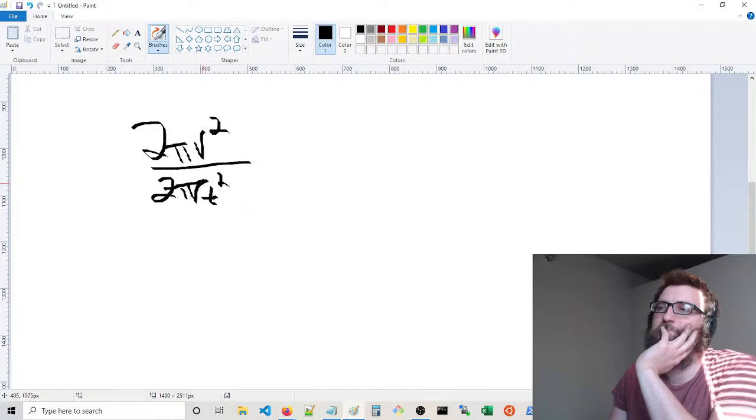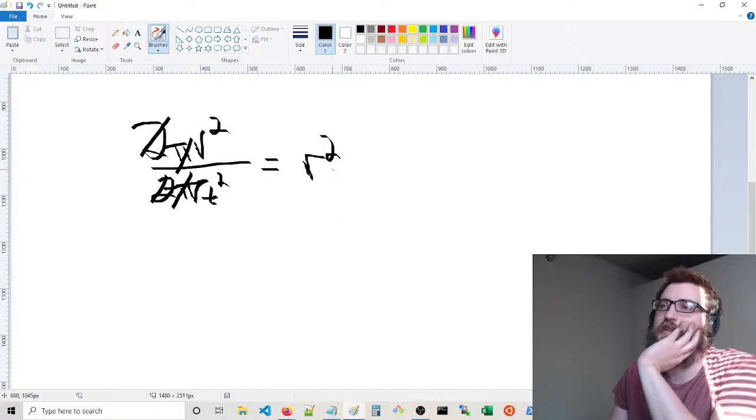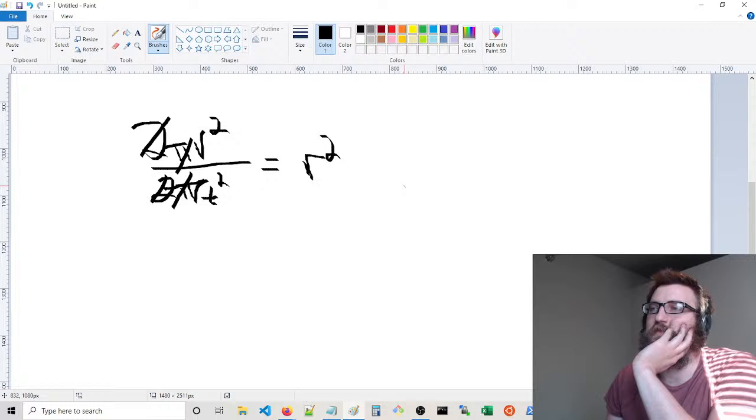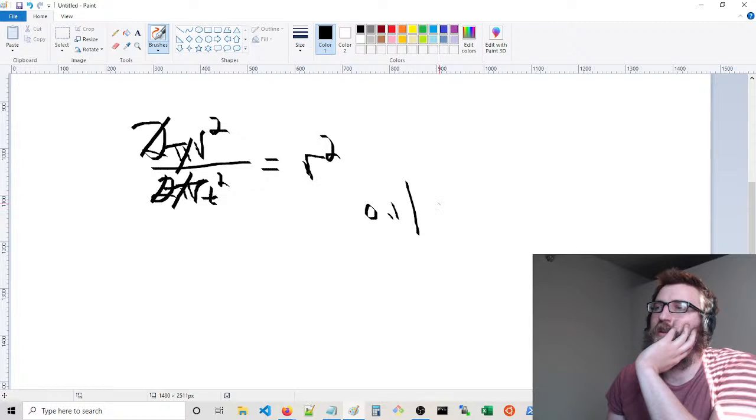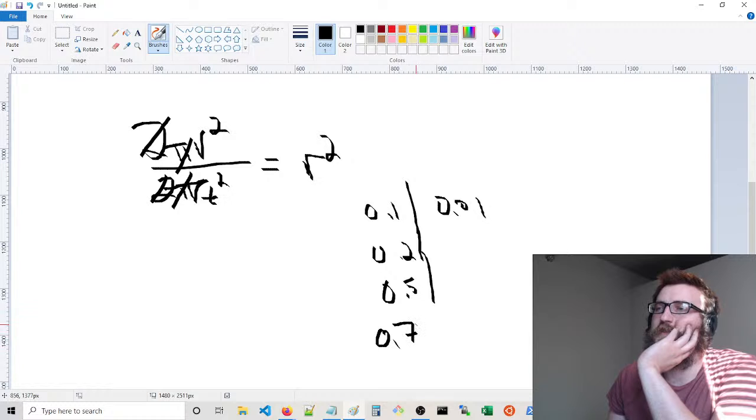So if we said r sub t is 1, then these all cancel, and you just get r squared. So the probability that you're less than or equal to a particular radius, if you had 0.1, would be 0.1 squared, which is 0.01, and then 0.2, and then 0.5, and then 0.75, etc.